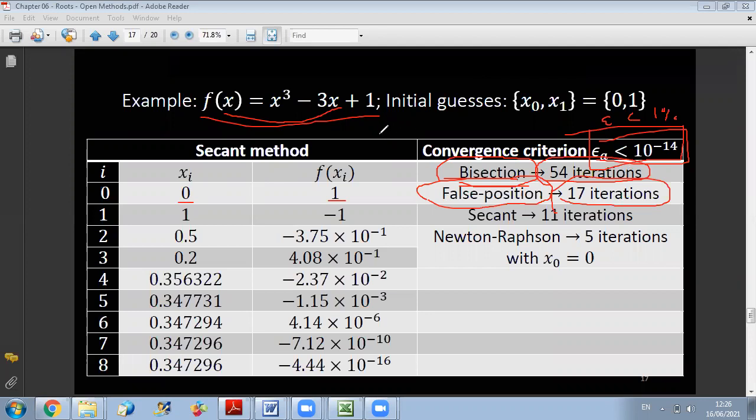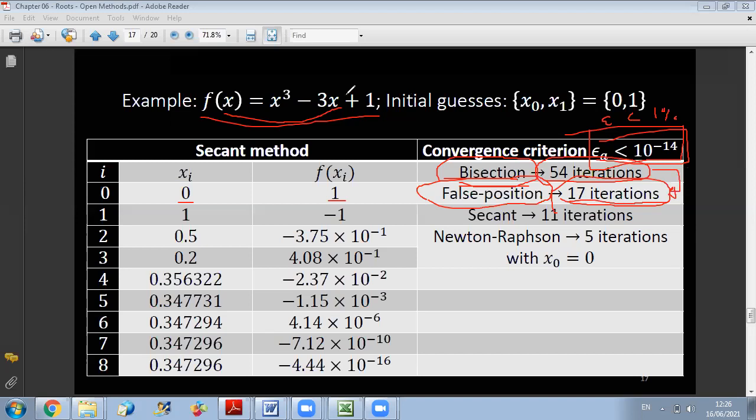We will see that the behavior of my function is not very far from a linear profile. So I can expect to reach a good solution in a smaller number of steps. This is why here the false position method allowed me to reduce the number of iterations from 54 to 17, because the behavior of my function is not far from the linear behavior.